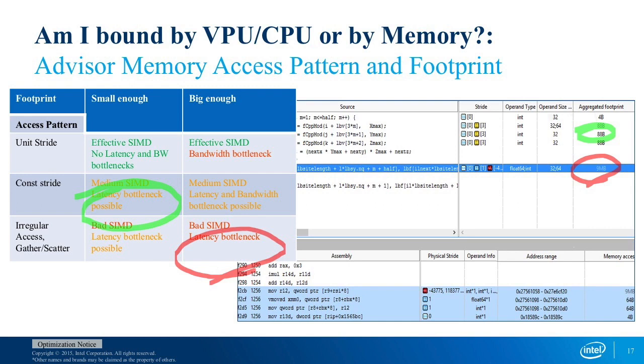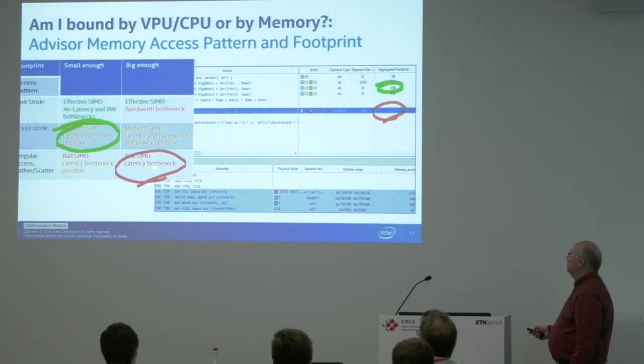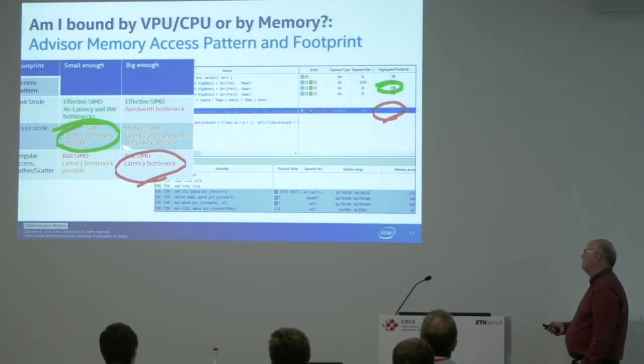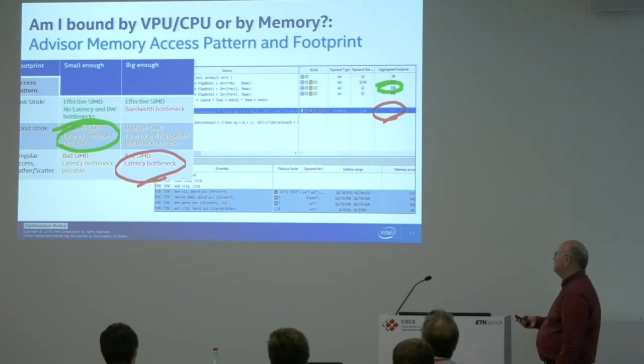And if it's big enough, then you have all kinds of bad SIMD and a latency bottleneck. So this could be one identification here with the small strides, and with the big aggregated footprint, you see that you are somewhere here with the bad SIMD and the latency bottleneck.